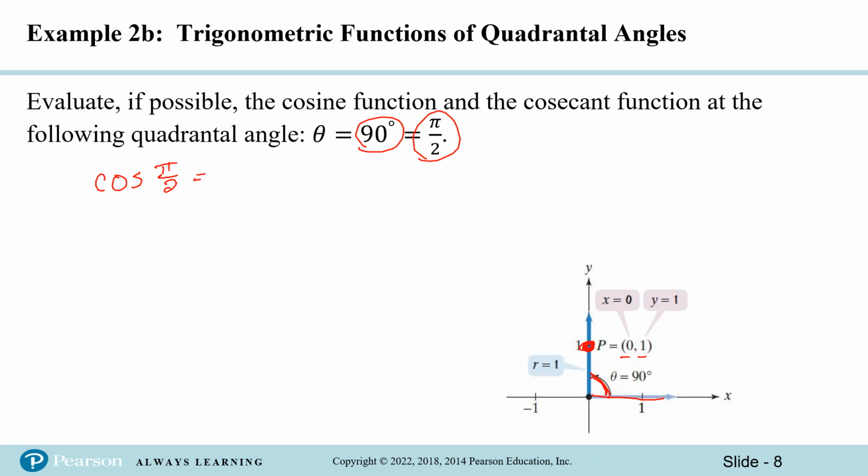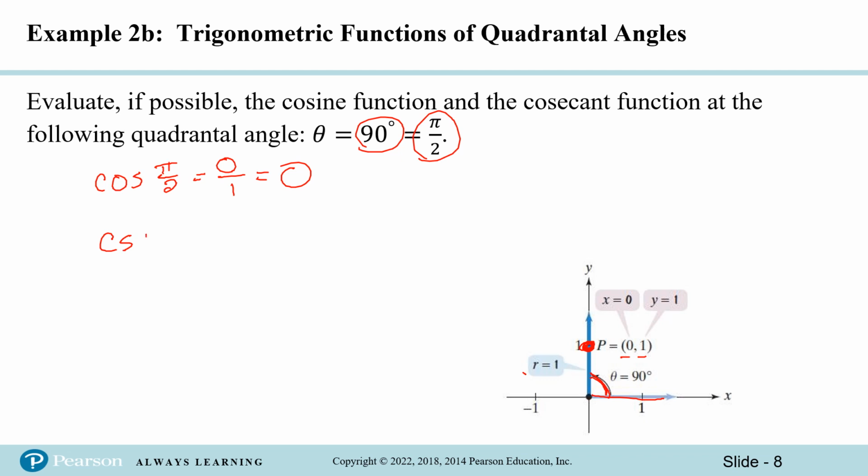And again, the r is equal to 1. So the cosine is x over r. So my x is 0, my r is 1, and I get 0. Okay, so that's perfectly fine. Nothing wrong with that.